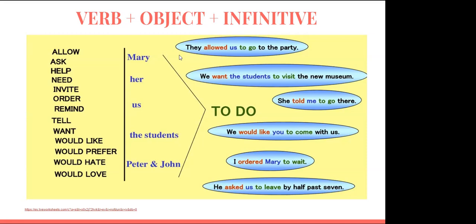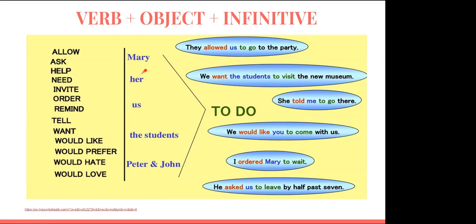Well, here we have a specific list of some verbs and also some modal auxiliaries that you can use that are followed by an object and then by an infinitive. Here we have some examples of verbs: allow, ask, help, need, invite, order, remind, tell, want, and with auxiliary verbs, modal verbs: would like, would prefer, would hate, and would love.